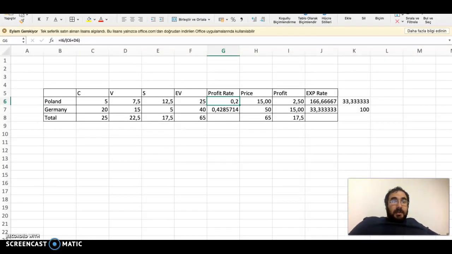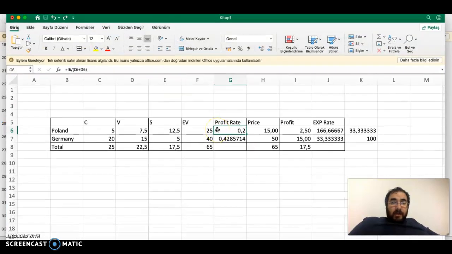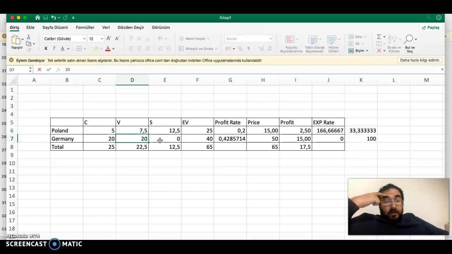Is it possible for Germany to have an exploitation rate that goes all the way to zero? If that's the case, surplus value would be zero and variable capital will be 20.